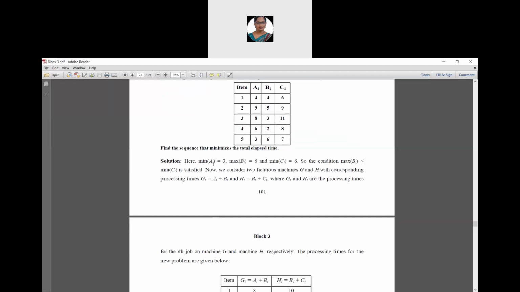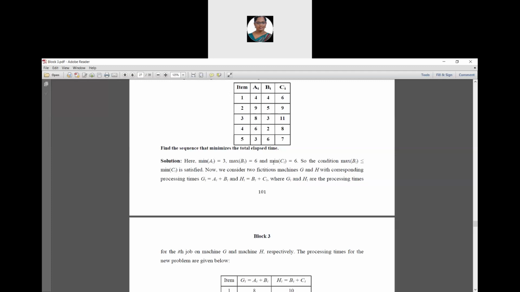Here the minimum of A is 3, the maximum of B is 6 and the minimum of C is 6. Therefore, the condition is maximum B less than or equal to minimum C. The maximum of B is 6, which is less than or equal to the minimum of C, also 6. Therefore, this condition is satisfied.